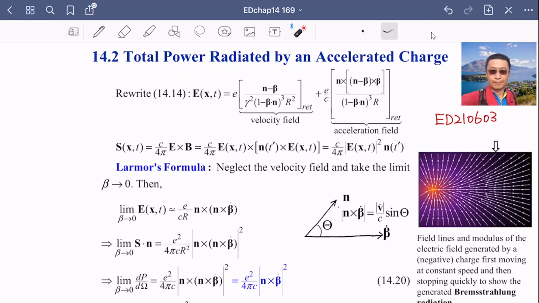And we will use a very special technique. We reduce to the traditional case, and then try to generalize the case to special relativity, to very high frequency. That's very smart. But before that, let me show you an animation.